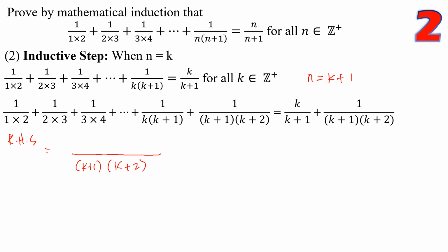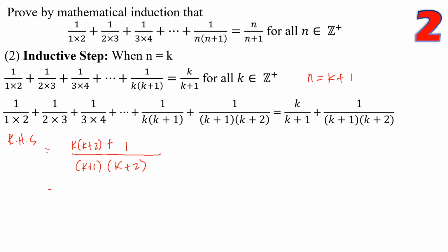We're now getting the new set of numerators. K plus 1 times k plus 2 divided by k plus 1 is k plus 2. Times k, we have k times k plus 2. And in the next term, we have k plus 1 times k plus 2 divided by k plus 1 times k plus 2 is equal to 1. Times 1, that is equal to 1.